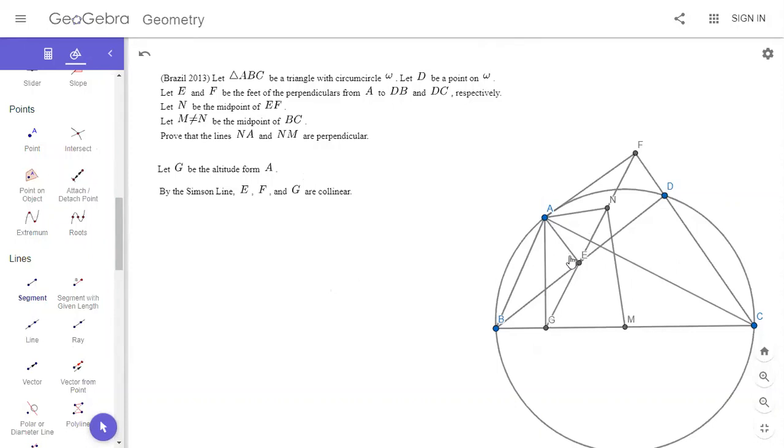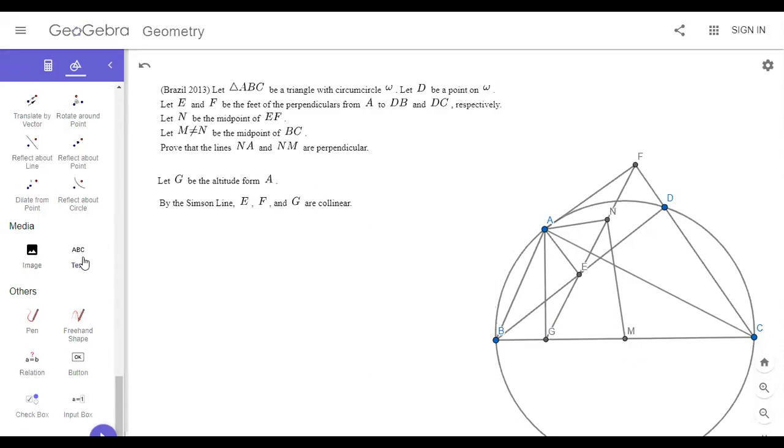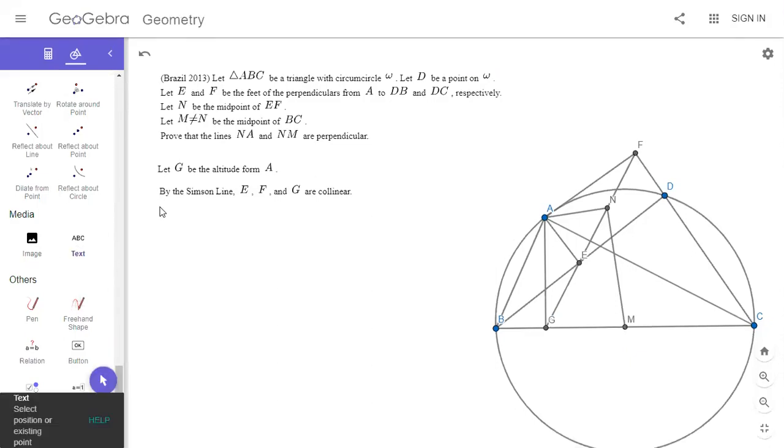And then I'm going to show triangle AEF is similar to triangle ABC. That should just be an angle chase. First, ADEF is cyclic and AEBG is cyclic. Those are from the proof of the Simpson line. AEF with N is similar to ABC with M. That was the proof strategy I had in mind.